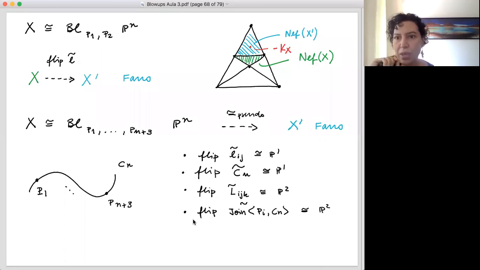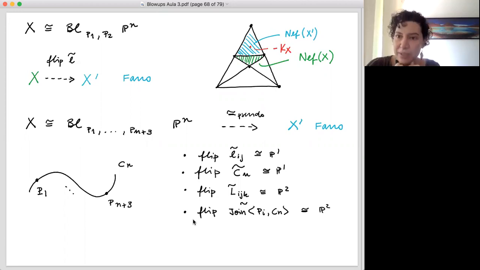In general this is going to be a singular cone, but after I blow up the n plus 3 points and flip the strict transforms of the lines, this join becomes isomorphic to P^2, and again I can flip this P^2.